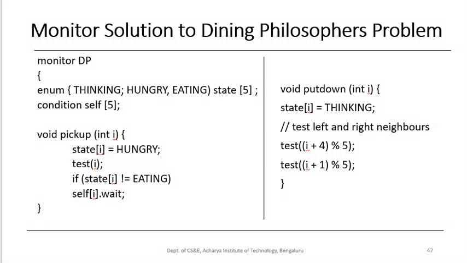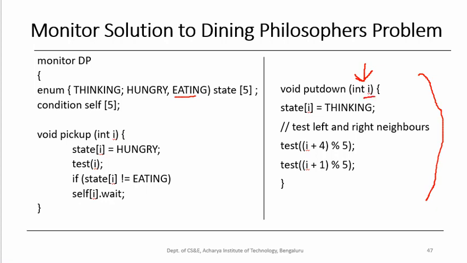Let me clear all this. Now let's look at putdown. After the philosopher completes eating, he puts down both the chopsticks. Who is the philosopher who is trying to put the chopsticks down?